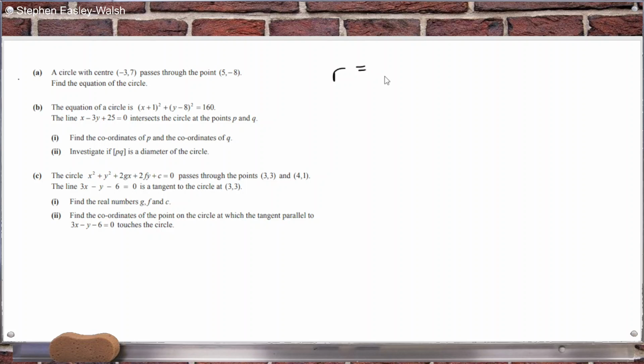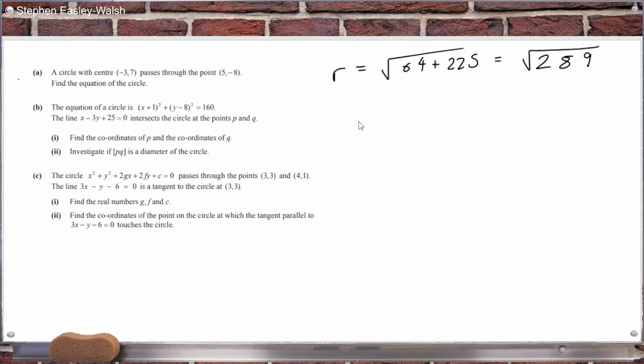So the radius is the square root of 8 squared plus, oh, that's 15 squared, isn't it? Which is 225. Now, is this going to be anything nice? Let's see. That's the square root of 289. Nope.